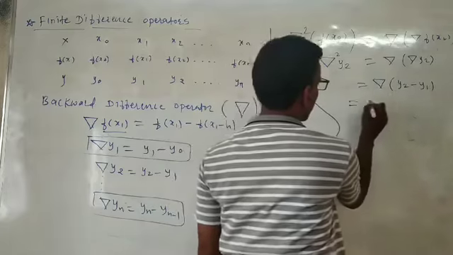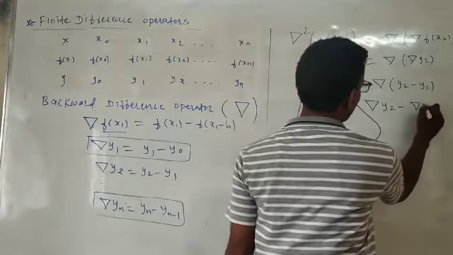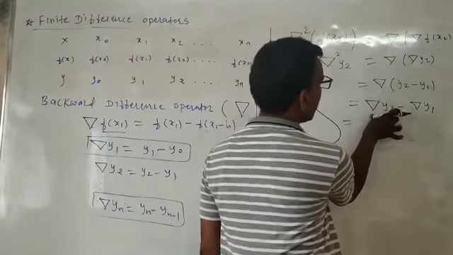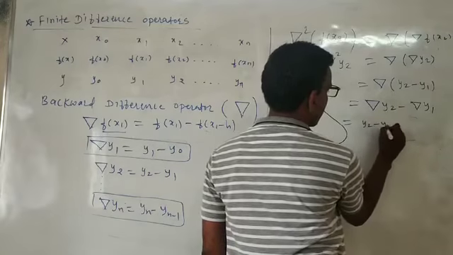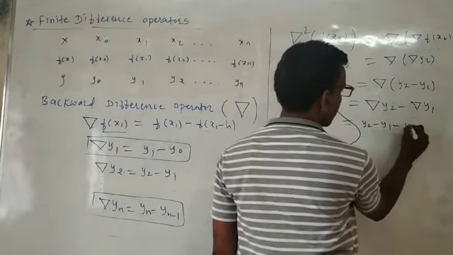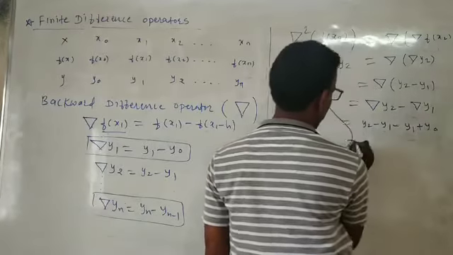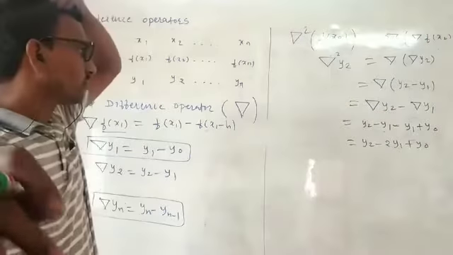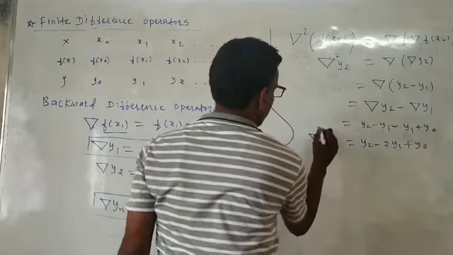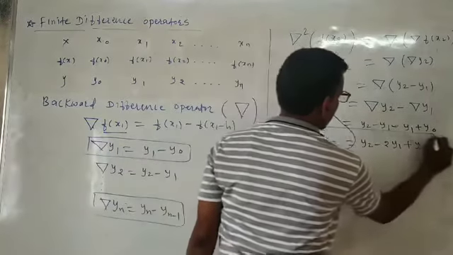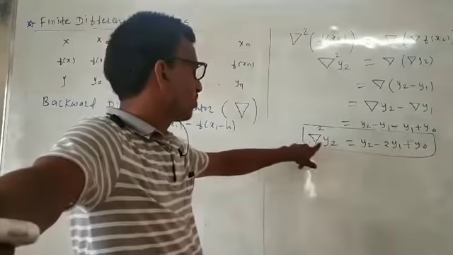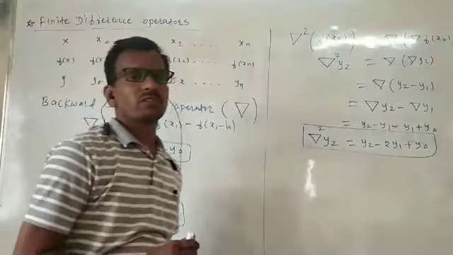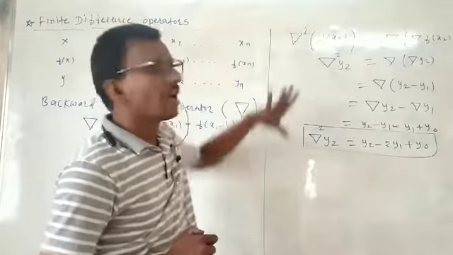Here, by distributing this one, and using the formula, this can be written as y2 minus y1 minus y1 minus y0, which is y2 minus 2y1 plus y0. So the second order backward difference operator of y2 is equal to y2 minus 2y1 plus y0. Similarly, we can define the third order backward difference operator, the fourth order, and so on.